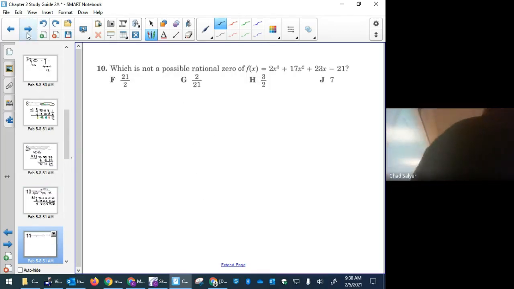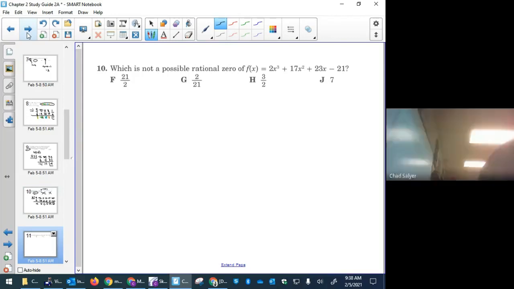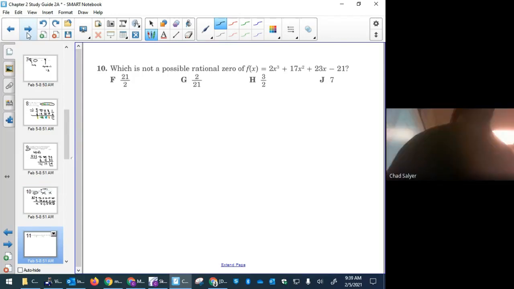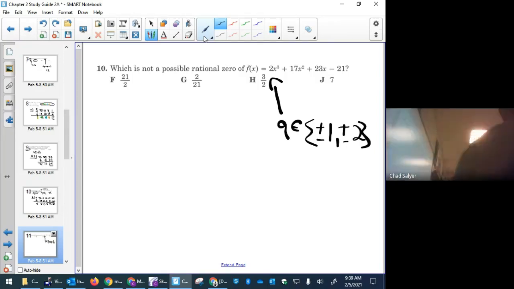Okay, so which is not a possible rational zero of, and then they give you a polynomial. So remember the rational zero theorem, the way that we can generate a list of places to check for zeros. So I see that my Q value, the denominator, is going to be an element of this set, because those are elements of that leading term.